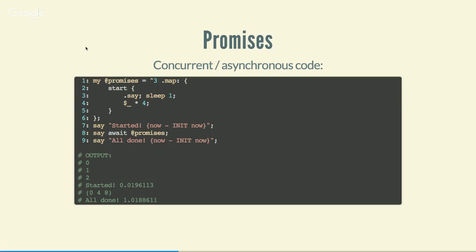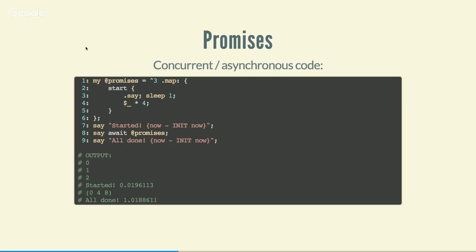On line number 8, I'm using the await keyword to await a bunch of promises that I create in a previous block. I'm just using a map to loop over 3 numbers, and for each one of them, I'm starting a promise. I'm sleeping for 1 second, and as the last line, on line number 4, I'm using the value from the map, from 0 to 2, and multiplying it by 4.